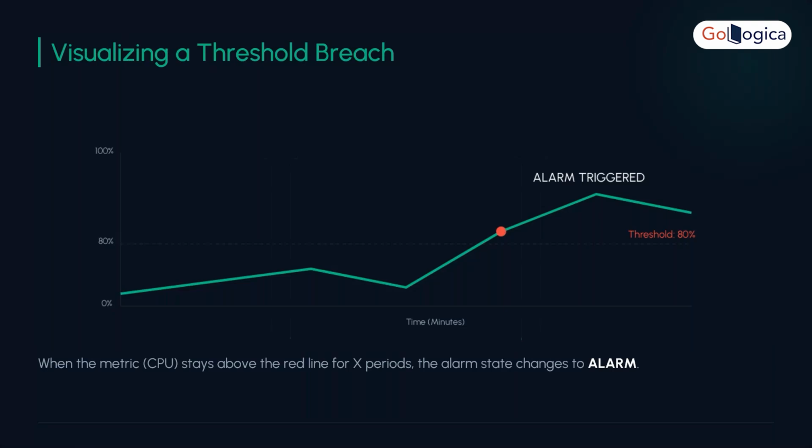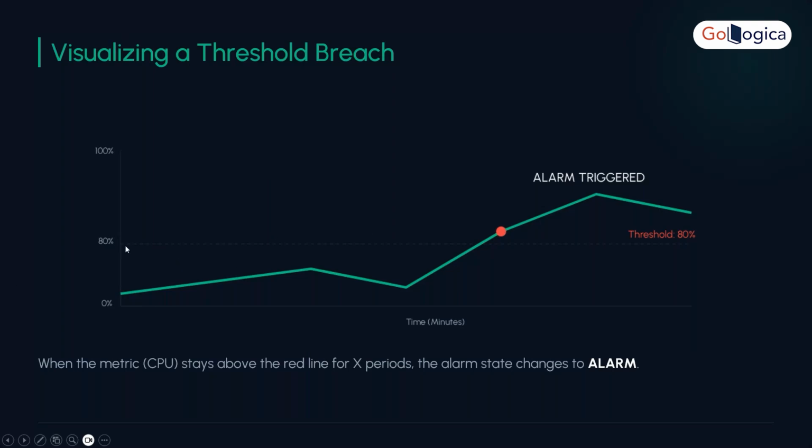So, visualizing a threshold breach. Here you can see time on the axis, in minutes, so you will have data points. If you are collecting data for metrics every minute, that is the data point, that is the frequency. Here the threshold you have set is 80%.